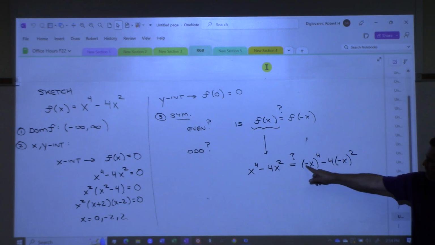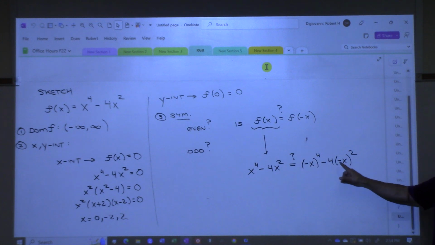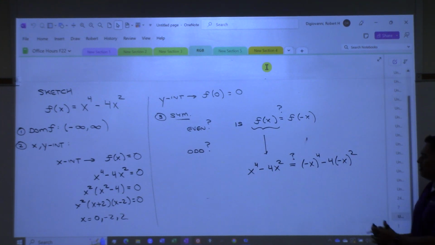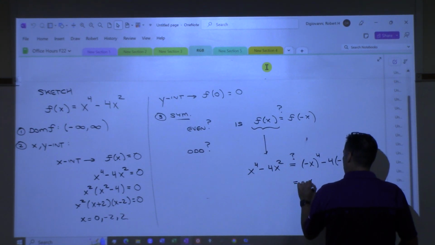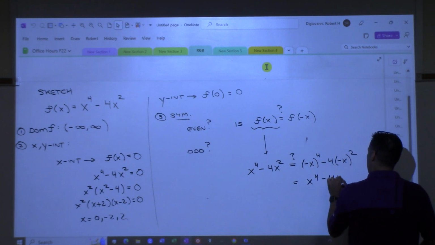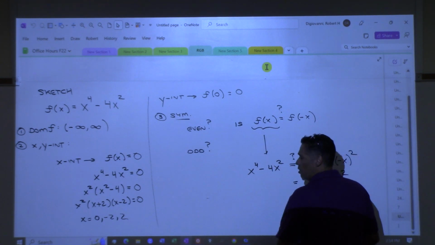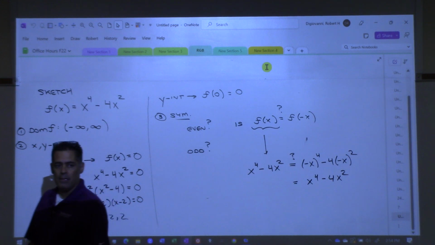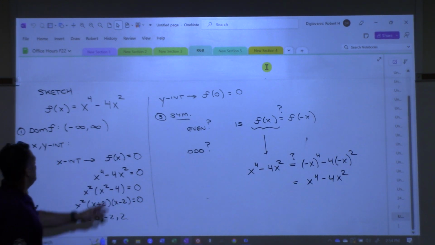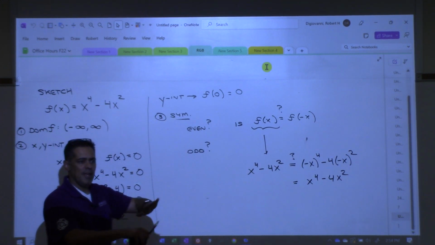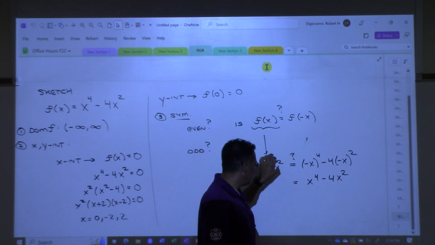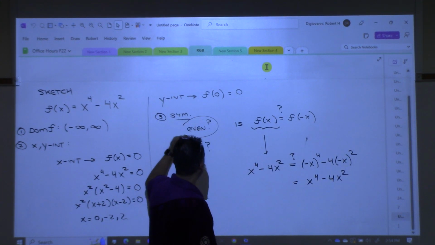Yes, because if you take a negative number raised to the fourth power, the negative doesn't matter anymore. And if I take a negative number and square it, it doesn't matter. So this side becomes x to the fourth minus 4x squared again, and these two are exactly the same. If this had been like x cubed, they wouldn't be the same. So because they're the same, it's even.